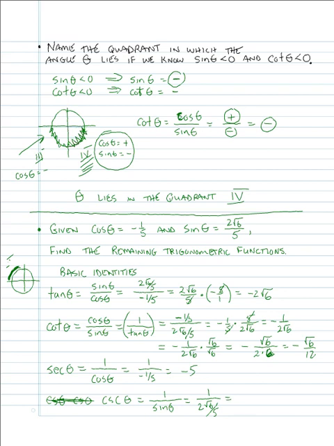And so that's basically the reciprocal. So we'd say this is 5 over 2 root 6. But then we would have to rationalize, and we multiply by root 6 over root 6, so our numerator will be 5 times the square root of 6, and our denominator will be 2 times 6. When we do that multiplication, we'll get a 12. And so that's the result we should get there.